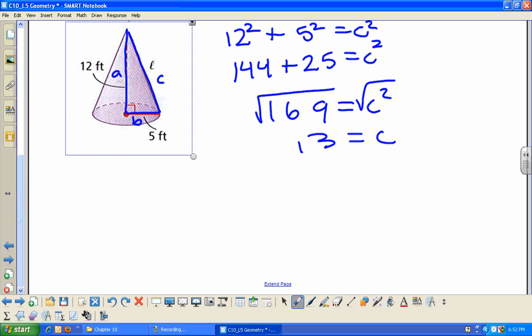So now I have my radius is equal to 5, my slant height is equal to 13.